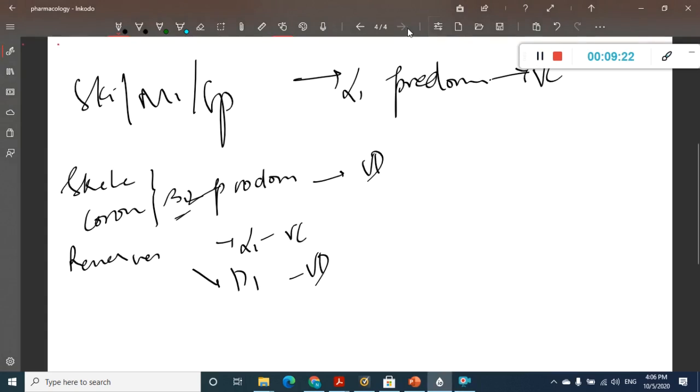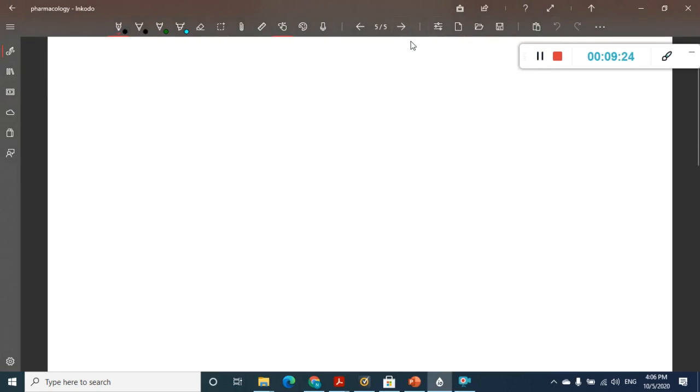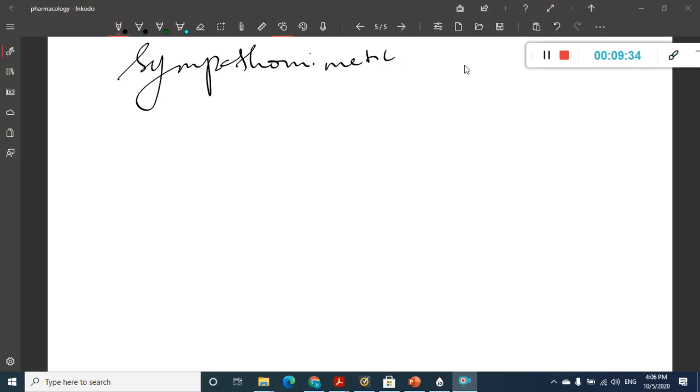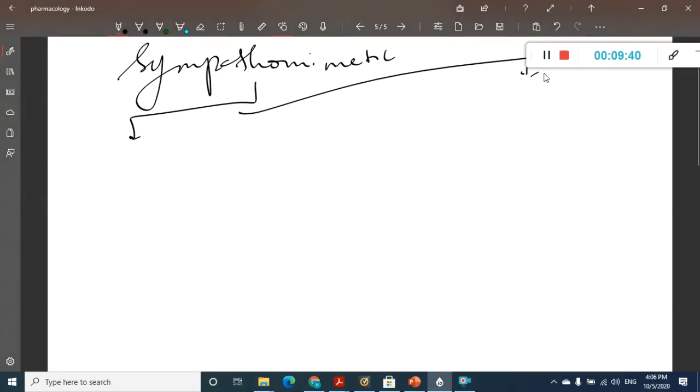Now let us learn about the drugs called sympathomimetic drugs. Sympathomimetic drugs can be divided into two types. One, we have directly acting.